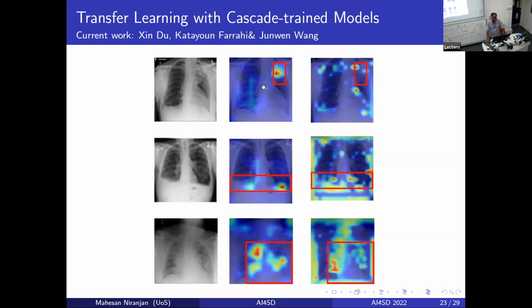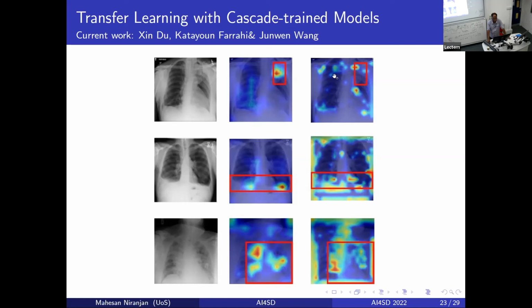If you do that, let's just look at one of these, when you train layer by layer, because you're restricting the model from learning, you can induce it to localize those features that pull out the output decision. In this data set, there is a labeling of these boxes that tell you where the medic is looking to make that diagnosis.